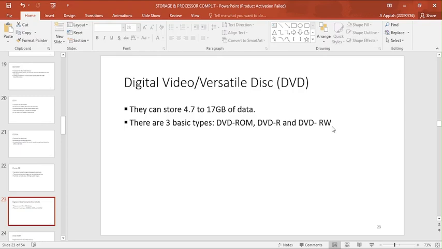These also come in three types: the DVD-ROM, the DVD-R, then the DVD-RW. So by now, I believe you know all these abbreviations, so you can apply them here. DVD-ROM, digital video disc read-only memory. DVD-R, digital video disc recordable. DVD-RW, digital video disc rewritable.